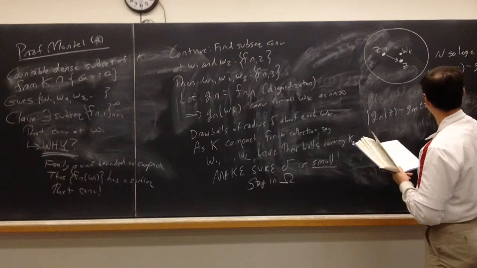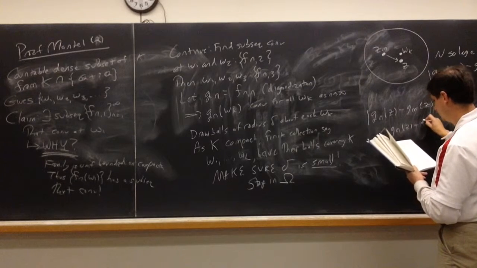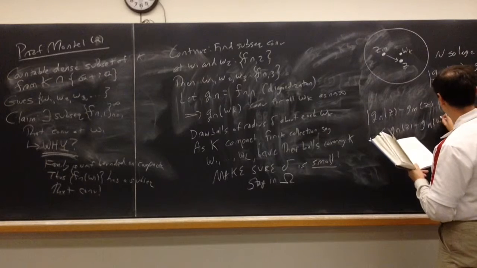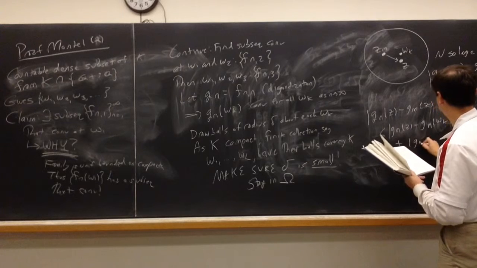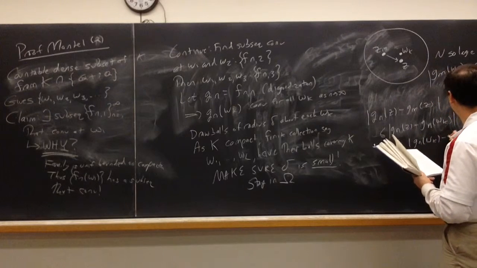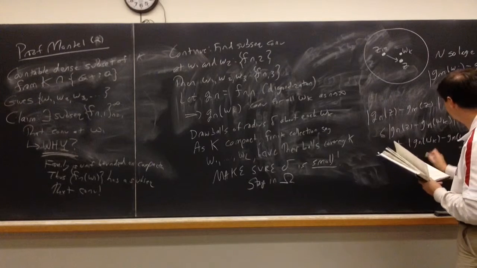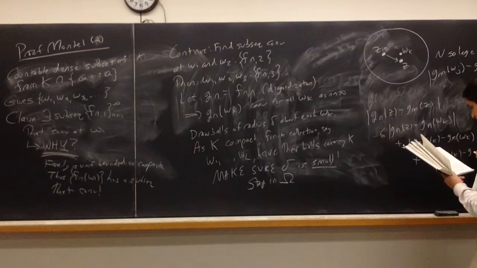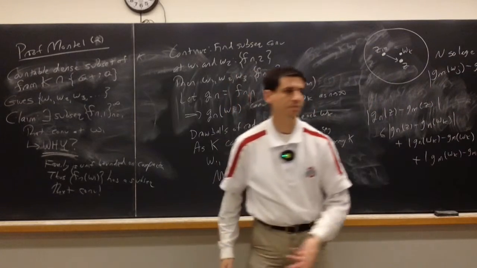That is less than or equal to Gn of Z minus Gn of Wk plus Gn of Wk minus Gm of Wk plus Gm of Wk minus Gm of Z. All right, that's the mistake I was making in terms of the Cauchy.